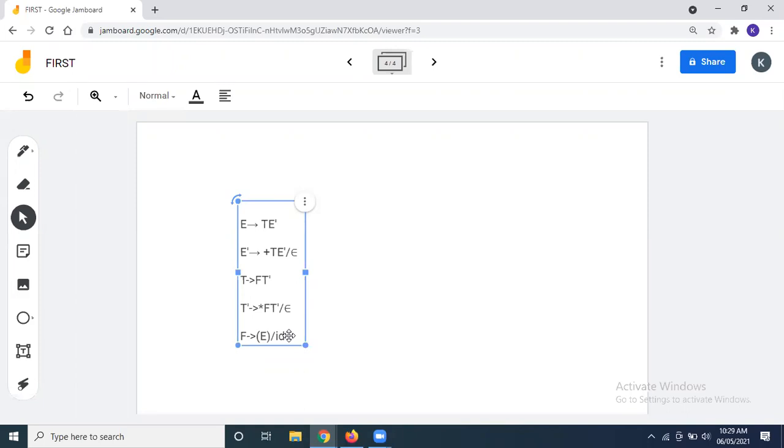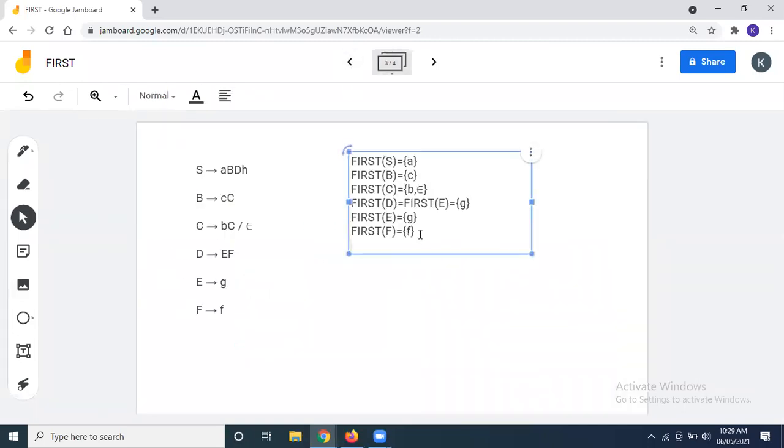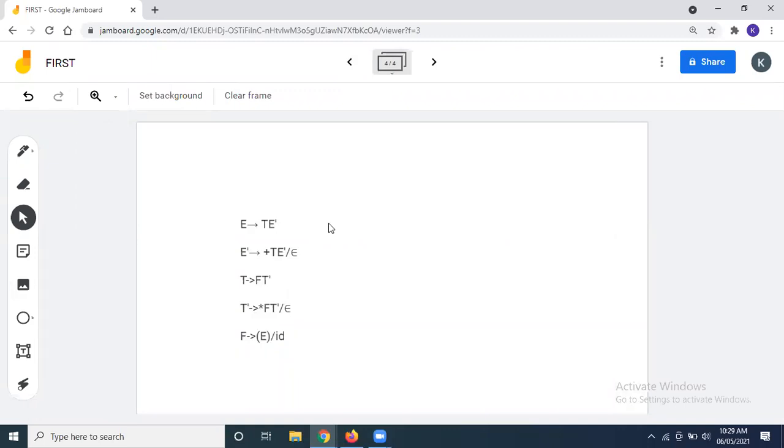Okay, so tell me what is first of E. What is first of E here? Opening parenthesis as well as ID. ID is also a terminal symbol, right?